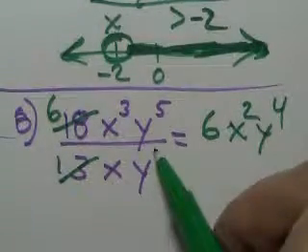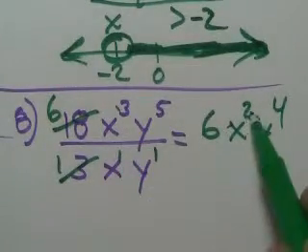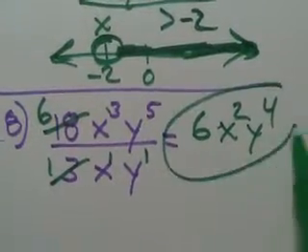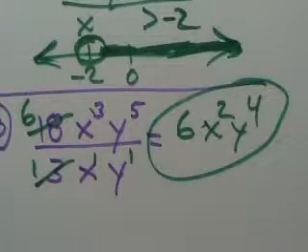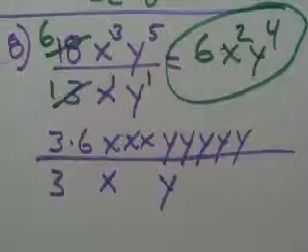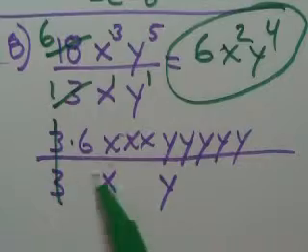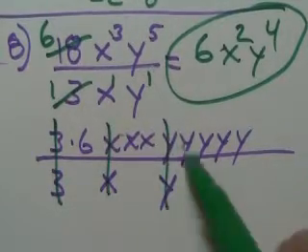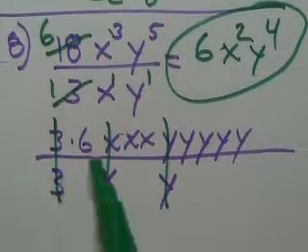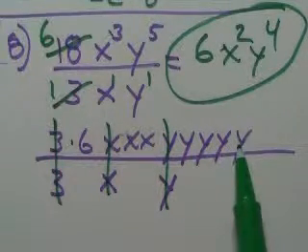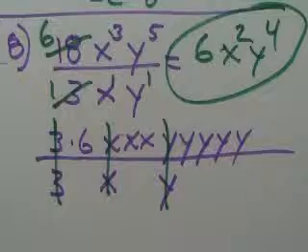So basically, we're subtracting the exponents. 3 minus 1 is 2. 5 minus 1 is 4. Now remember, if you're still not comfortable with this, do it the long way. And you'll see what you have if you cross things out, cancel things, reduce. 6 x squared y to the 4th.